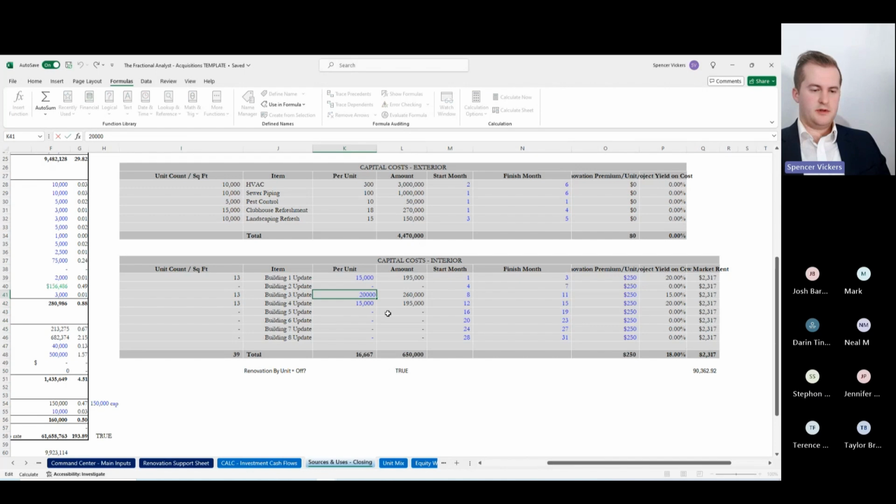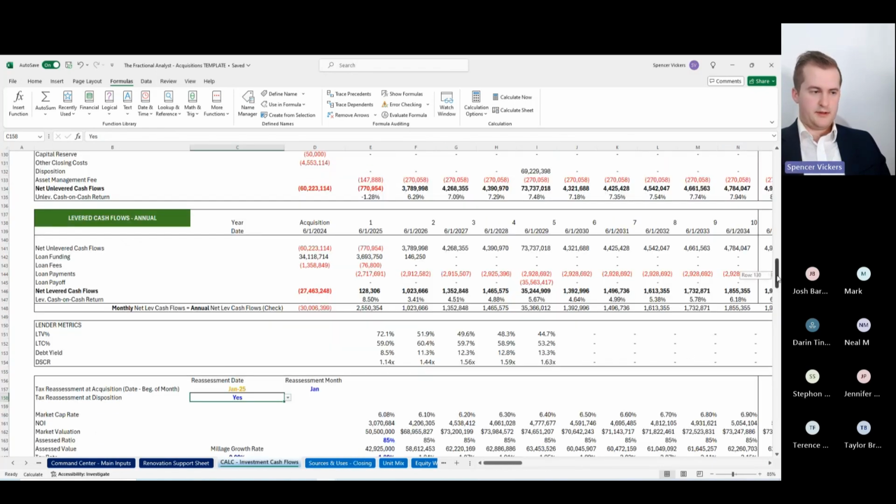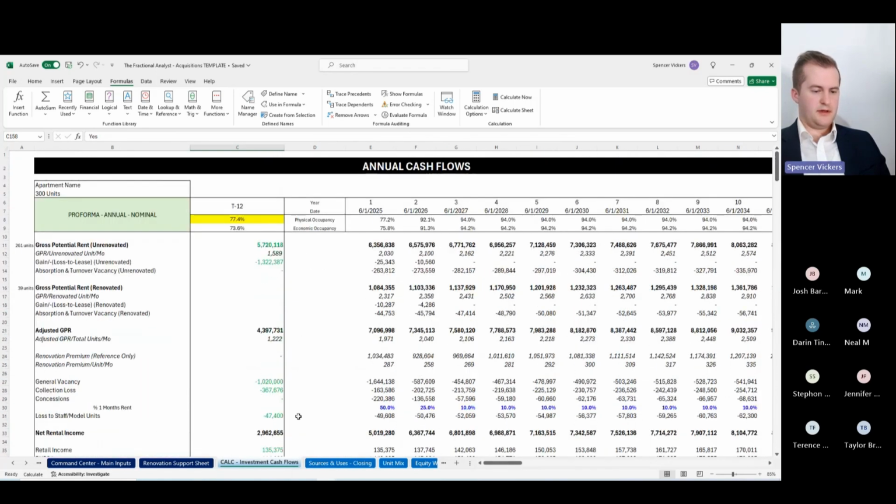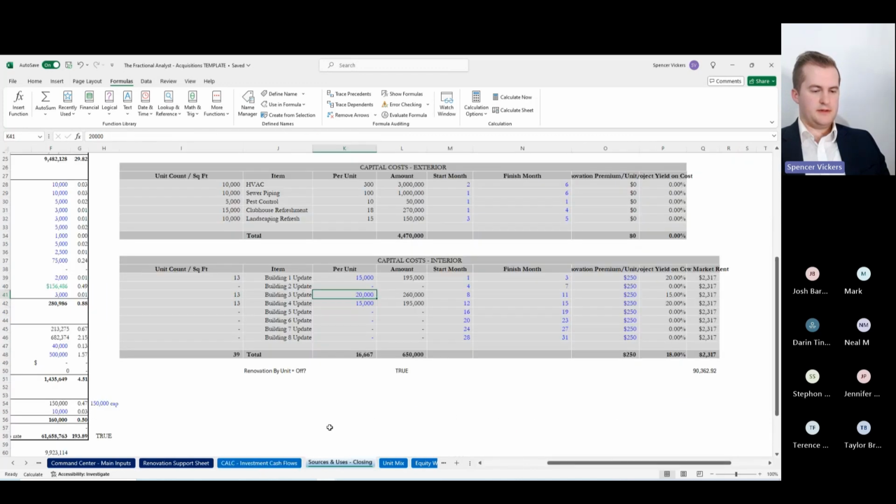With this module currently on, this is telling us that we're doing some units by building. Then we come to our calc investment cash flows, and we see that the unrenovated are split out from the renovated. This is telling us that we have 39 units that we're renovating. You can check that with your sources and uses closing right here, and it equals.